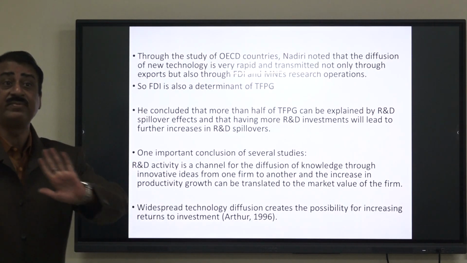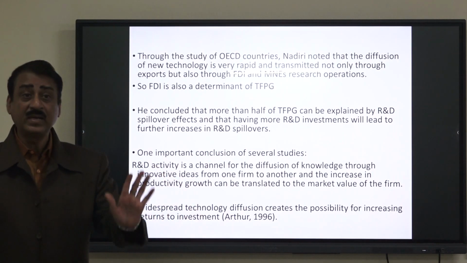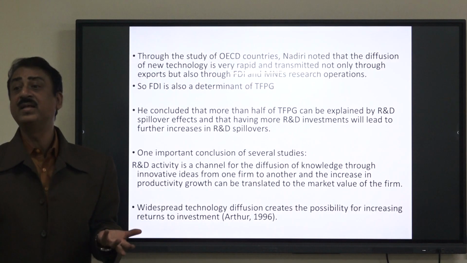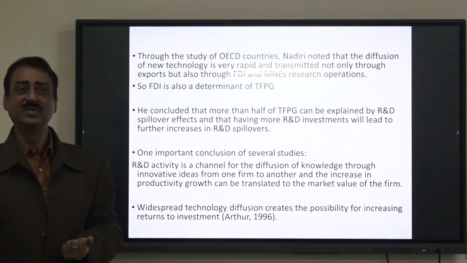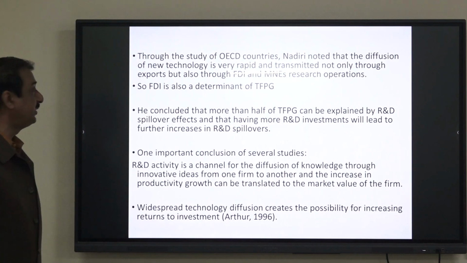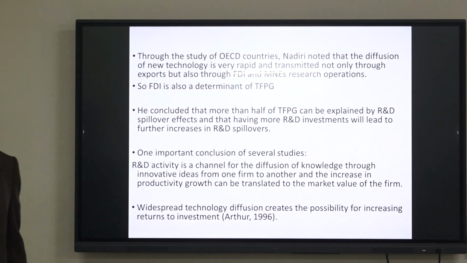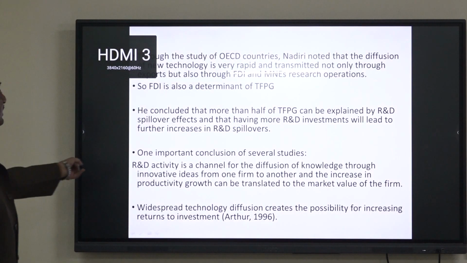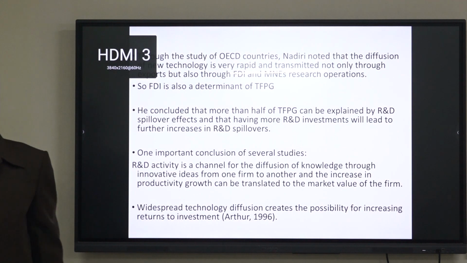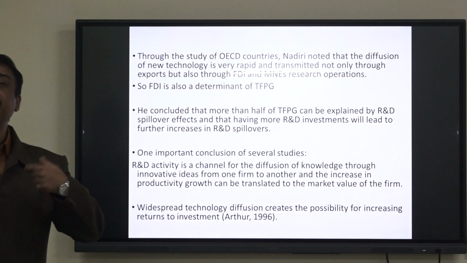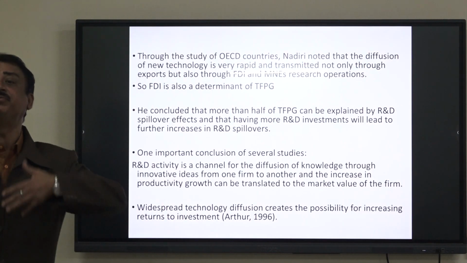Even if we say that their figures are all manipulated, these are some of the strategies through which they could actually enhance their total factor productivity. So one important conclusion which emerges from our discussion is that research and development expenditure contributes significantly to total factor productivity growth, and it also has the ability to create diffusion.